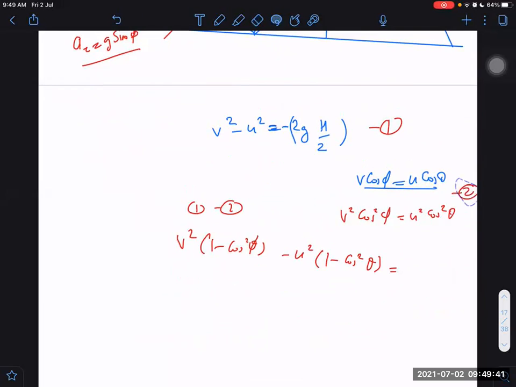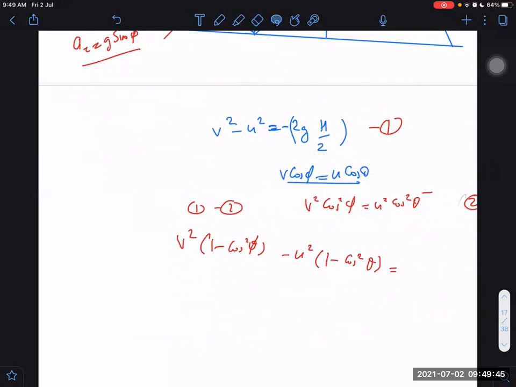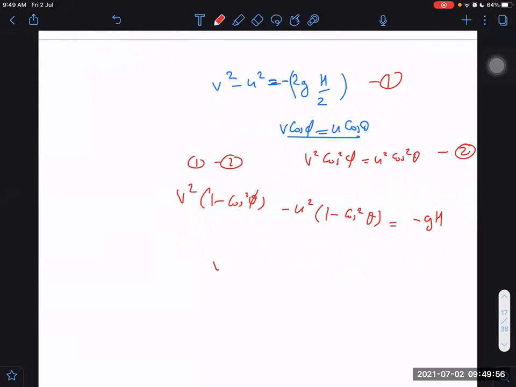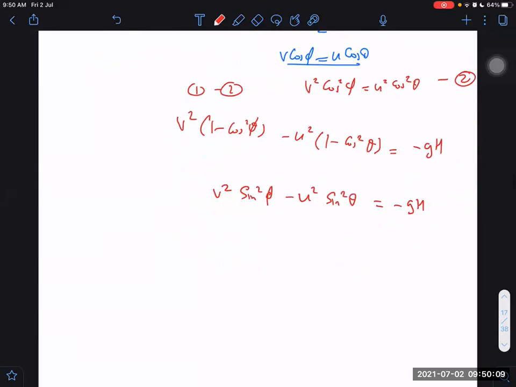Two is not this one, 2 is the lower one. What are we getting? Then we are getting v square sin square phi minus u square sin square theta is equal to minus gh. But h is also known to us and v square is also known. What is v square?